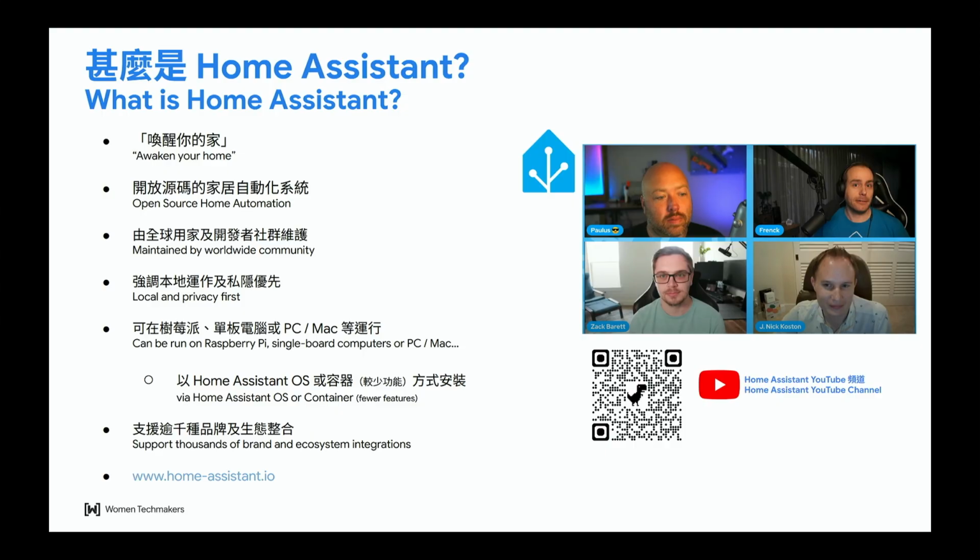I believe a lot of you have been contributing to the Home Assistant project as well. You can run it on Raspberry Pi, single board computers, or even just a PC or Mac. And it supports thousands of brand and ecosystem integrations.